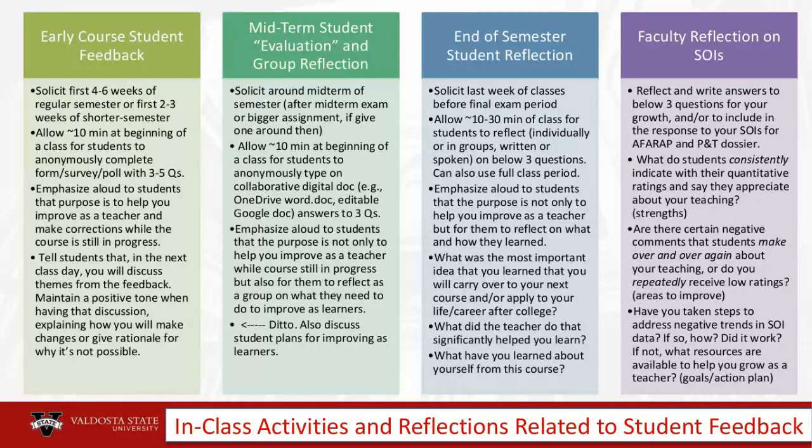So you don't have to make all the corrections that they recommend, but you want to be transparent, like Shalise said, about being open with them about how you will improve and what you'll work on, but also reasons why you won't change this semester.